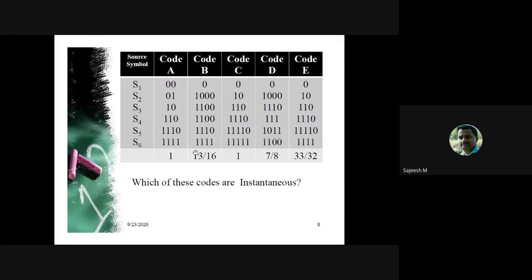According to the Kraft inequality, which is a necessary and sufficient condition for a code to be instantaneous, we can say that code E does not satisfy that necessary and sufficient condition.